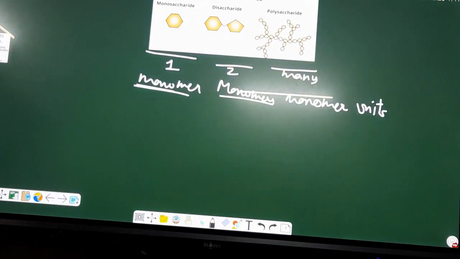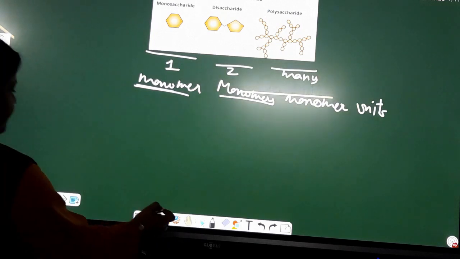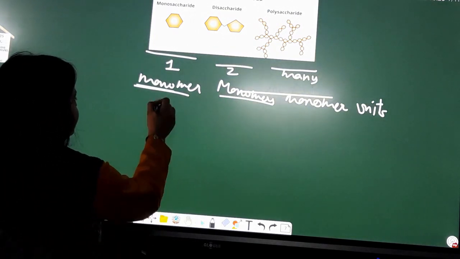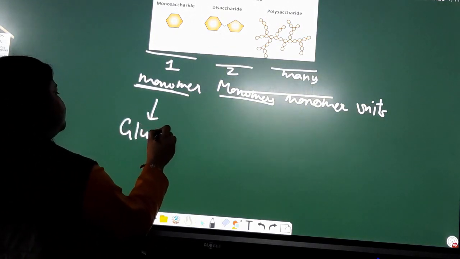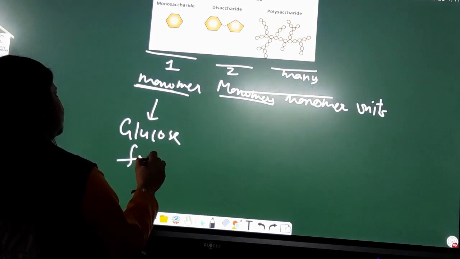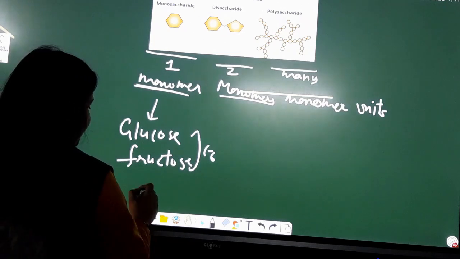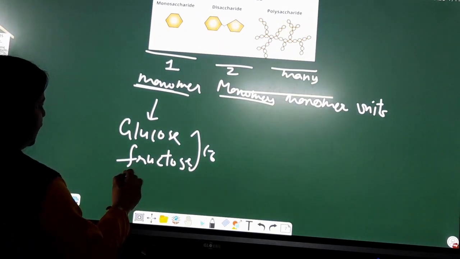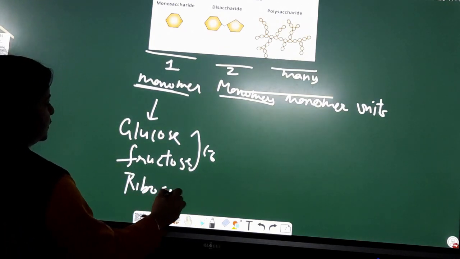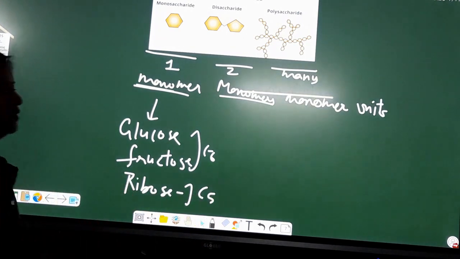So in polysaccharides we have cellulose and starch. In monosaccharides we generally see glucose and fructose, which are 6 carbon compounds, and ribose, which is a 5 carbon compound.